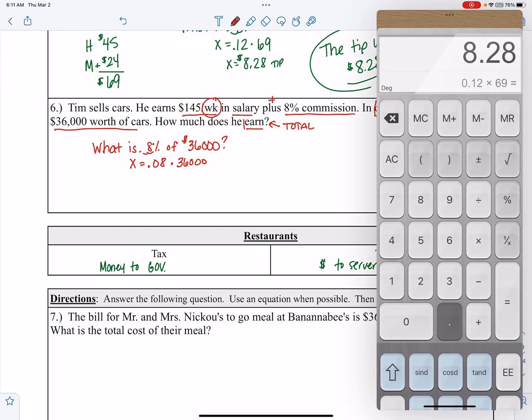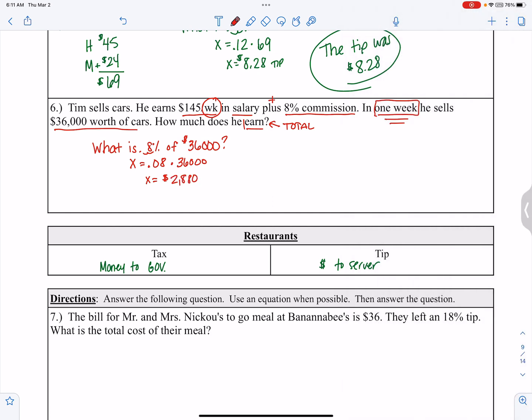And we can go ahead and type that in. And we get a commission of X equals money, $2,880, which is a great commission. And so he earned his $145 per week. Okay, so here's his commission, plus his $145 per week payment.